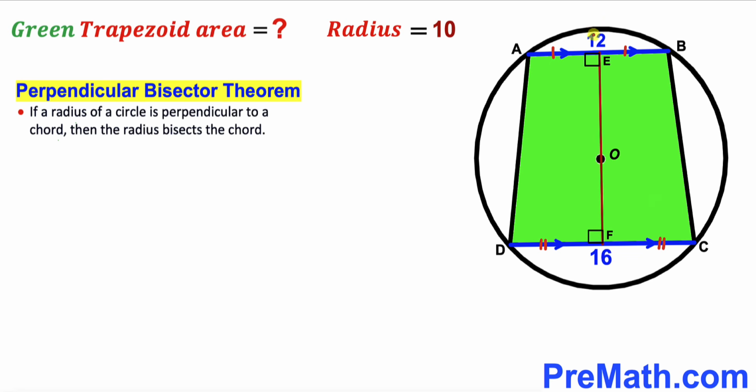We know chord AB length is 12, so segment AE length is 6, and likewise segment BE length is 6 as well. Likewise, segment DF length is half of 16, which is 8 units, and CF length is 8 units as well.